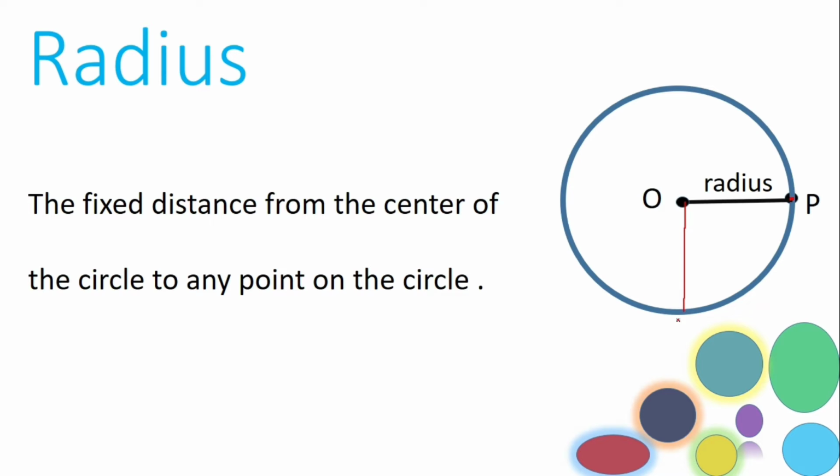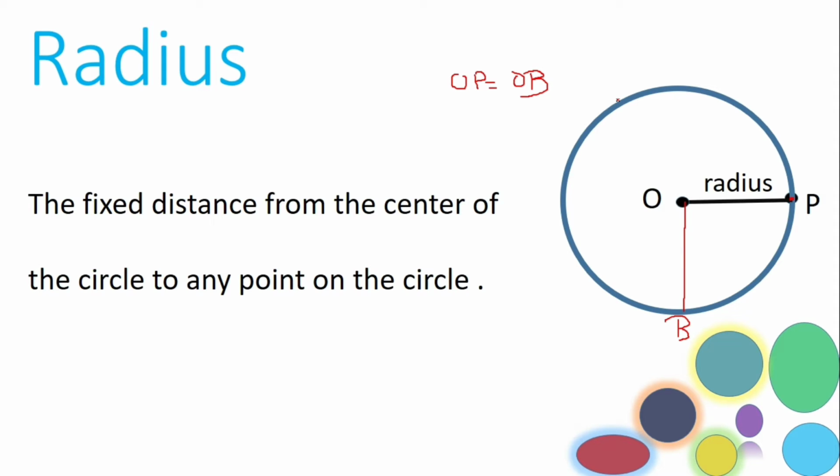If I take another point on the circle, the distance will be equal, because the center lies equidistant to all the points on the circle.